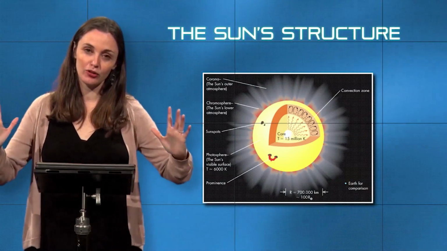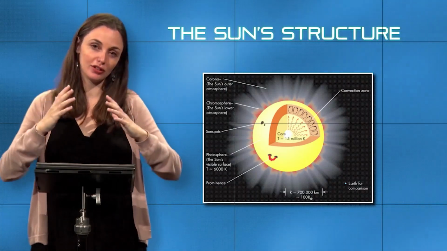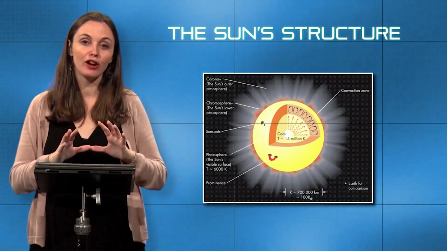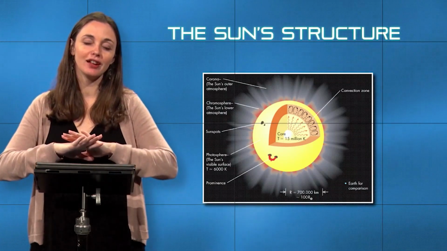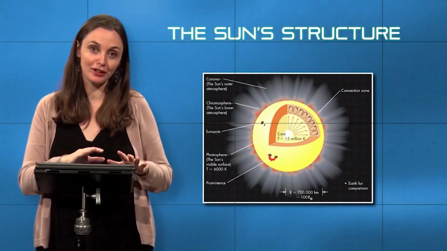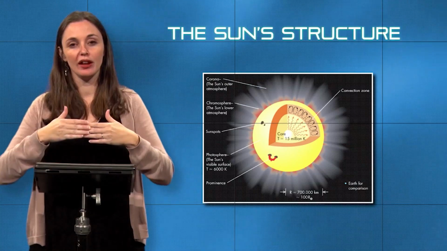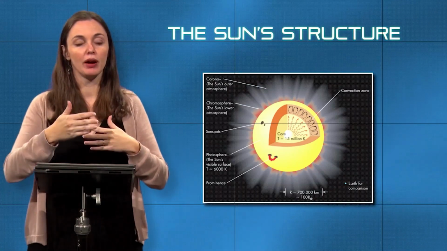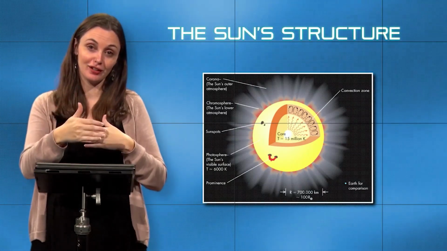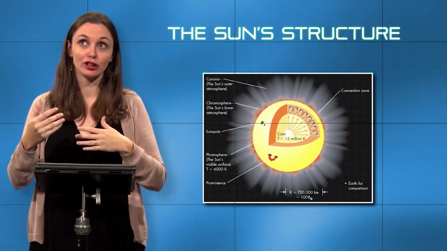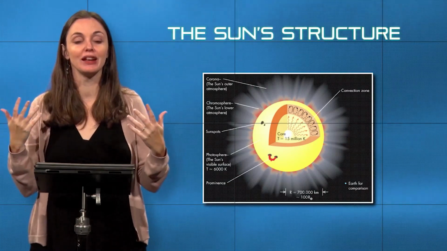So as we go inwards from the solar wind, a little bit closer to the sun and really part of the sun's legitimate structure, we get to the very outer part of the sun's atmosphere, part of the sun that you don't even really consider being part of the sun. As you get closer and closer, we still have thousands and thousands of miles to go before you actually get to what you see as the surface of the sun. If you're unwise enough to actually look up into the sky in the middle of the day and stare into the sun, you see, of course, this big yellow ball.